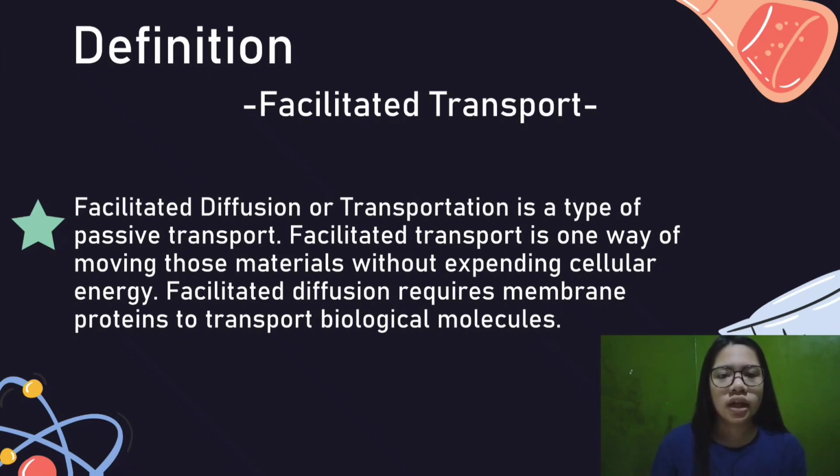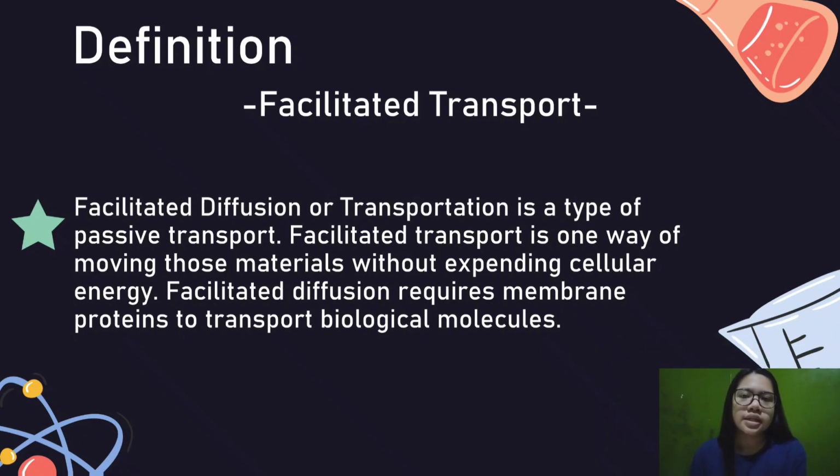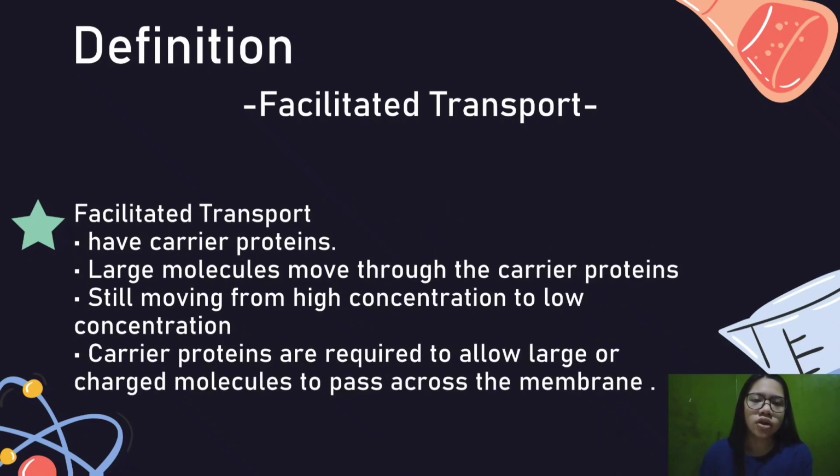Charged ions often require protein channels in order to pass through. Glucose needs the help of a transport protein to pass through. Facilitated diffusion requires membrane proteins to transport biological molecules. Simple diffusion is one that occurs unassisted by membrane proteins.